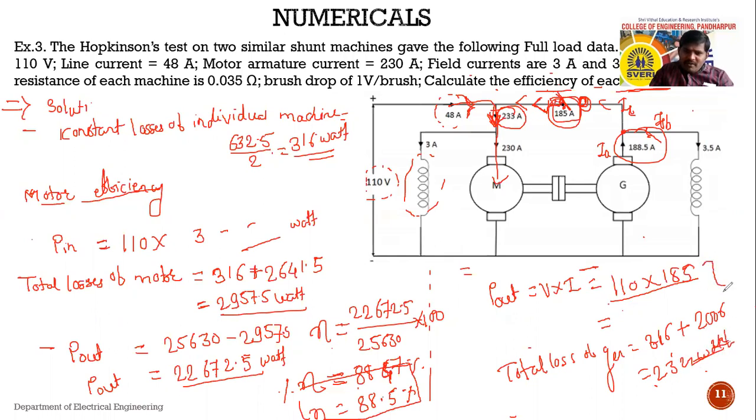You people know the value of output power. You people know the value of losses. According to this, you are able to calculate the input power. That is P in is equals to output power plus loss.